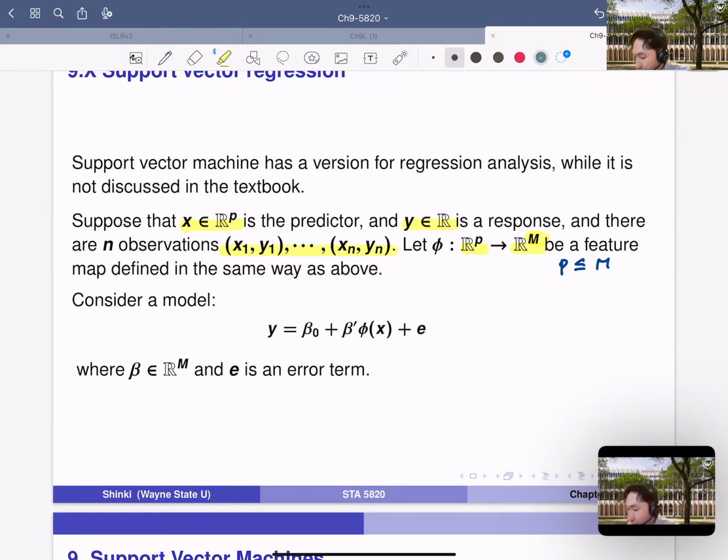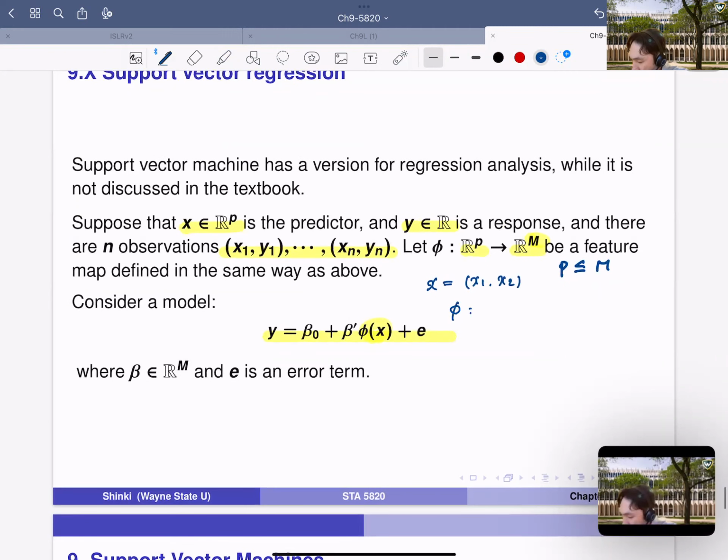And we consider the model here. Of course, if X becomes phi of X, then we have more possibilities. For example, if X was X1, X2, and this map phi takes X1, X2 to, for example, X1 square, X1 X2, X2 square, then at least this can represent more complicated patterns than the usual linear model.